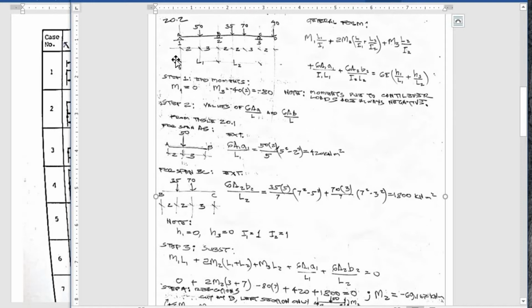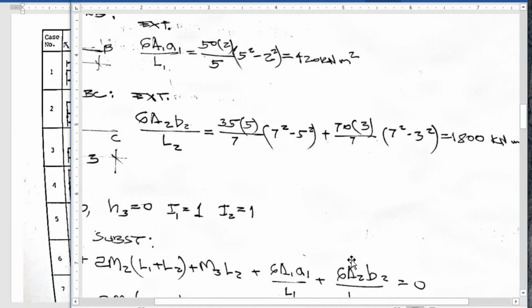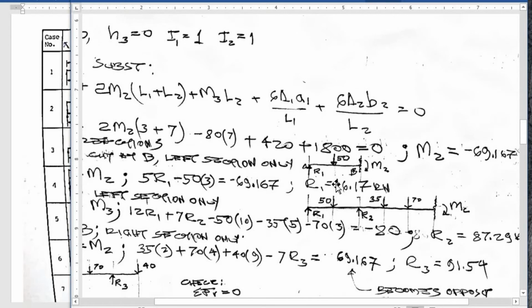So dito, ito lang. Ang kukunin nating reaction is R1 tapos yung 50 na load, which is ito. Yan. Okay? So, remember na yung na-solve natin na M2 is 69.167.